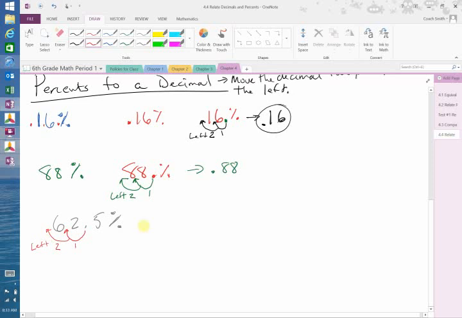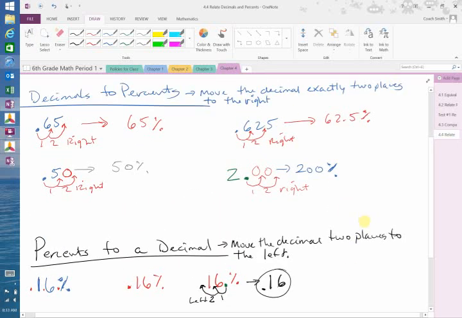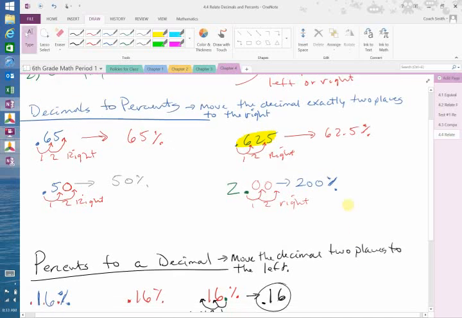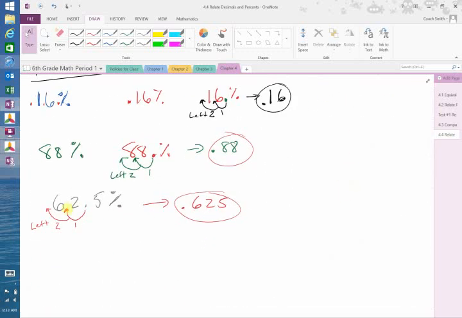And so that gives me 0.625. Well, we already had that one up here, didn't we? We said that 0.625 was 62.5%, and sure enough, we just proved it again.